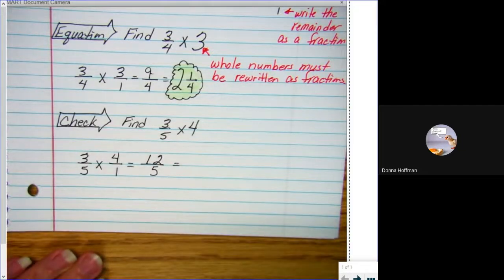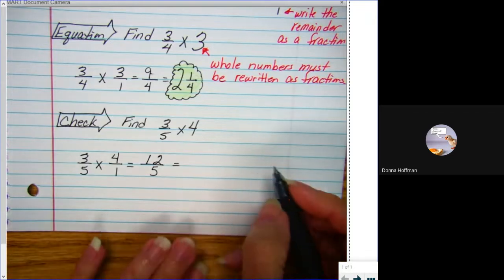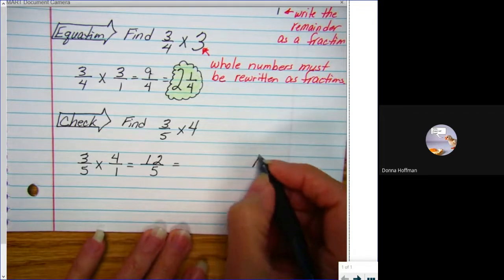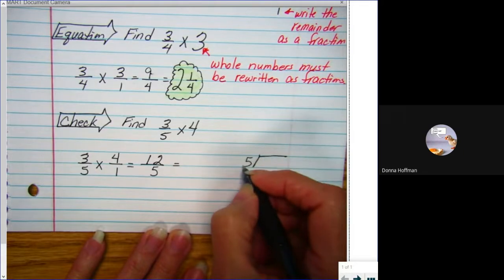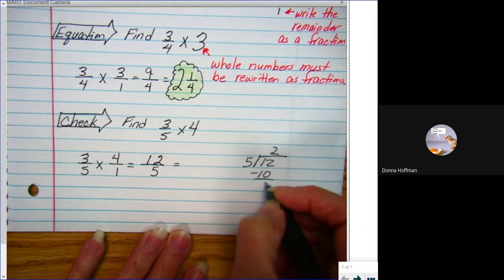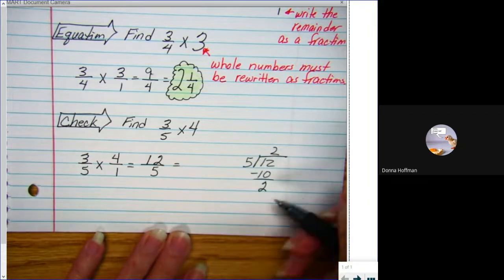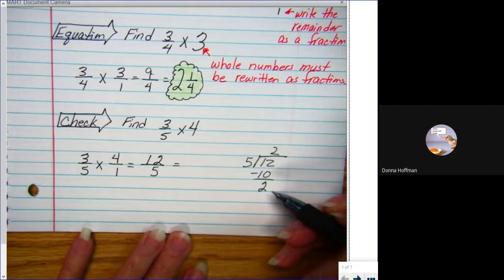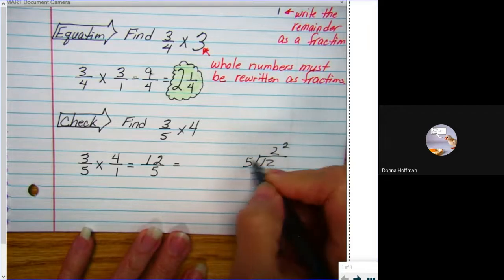So we need to simplify this improper fraction to a mixed number. And I'm going to do long division this time. And I'm going to write my remainder as a fraction. This is always your denominator.